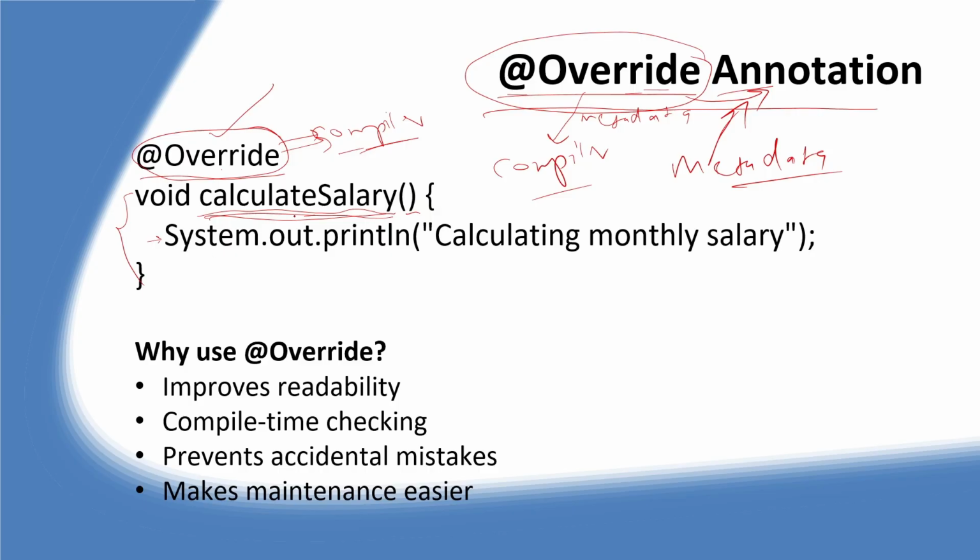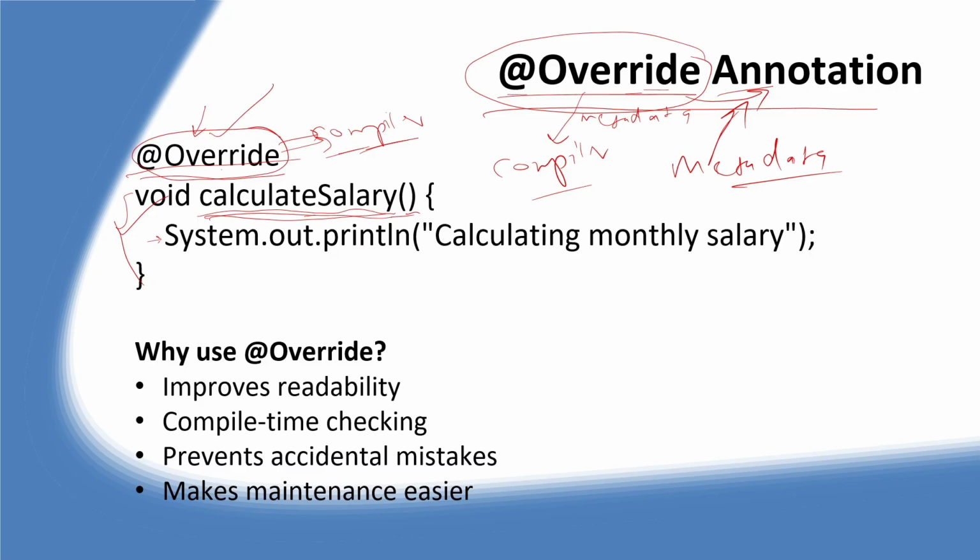So we will know that we are missing some rule. This is not mandatory, but it is recommended. Recommended means if we use it, then during compile time we can find whatever errors or rules we are not following.